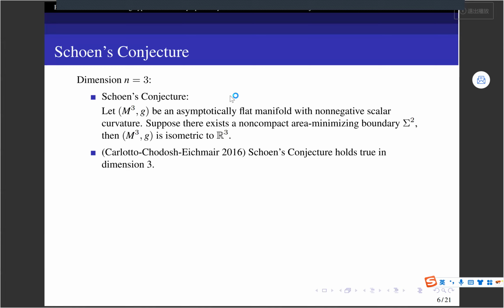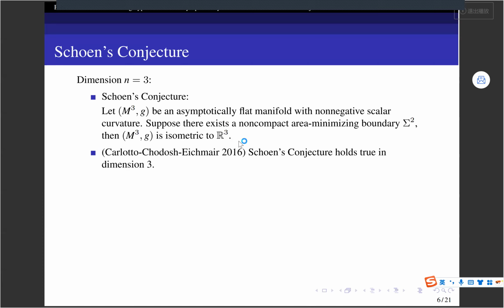Professor Wang talked about one in the last talk, another version about a singular metric and positive scalar curvature. Here, this is another one, which says that if M is a three-dimensional asymptotically flat manifold with non-negative scalar curvature, and it contains a non-compact area minimizing boundary, then M must be isometric to the standard R3.